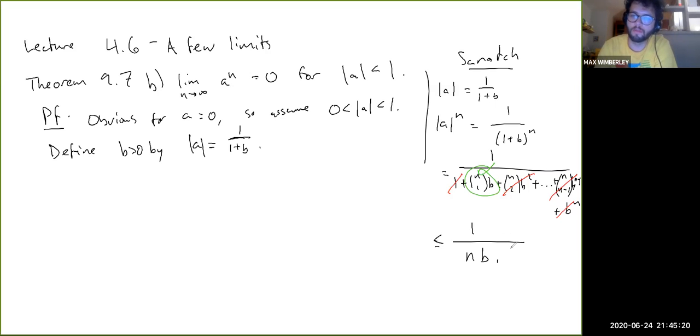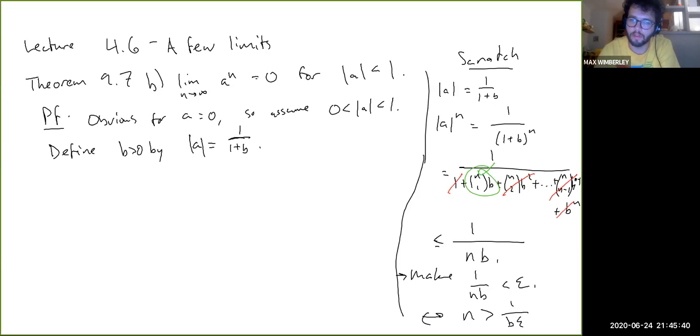So we want to make 1 over nb less than epsilon. That's the same as saying that we want n to be bigger than 1 over b epsilon. Okay? So basically this becomes our value of capital N.